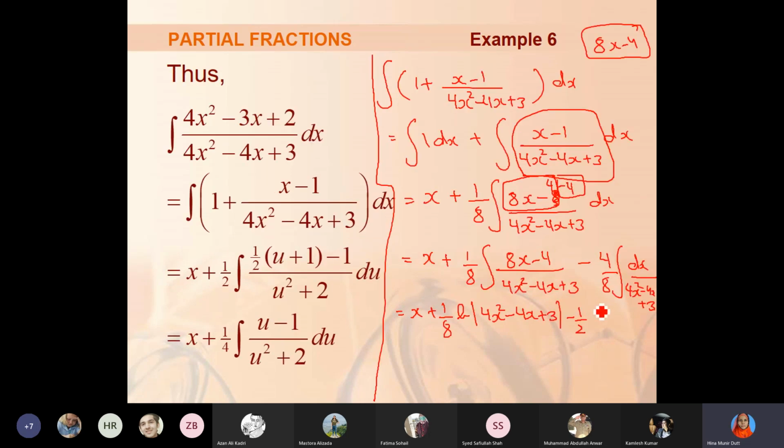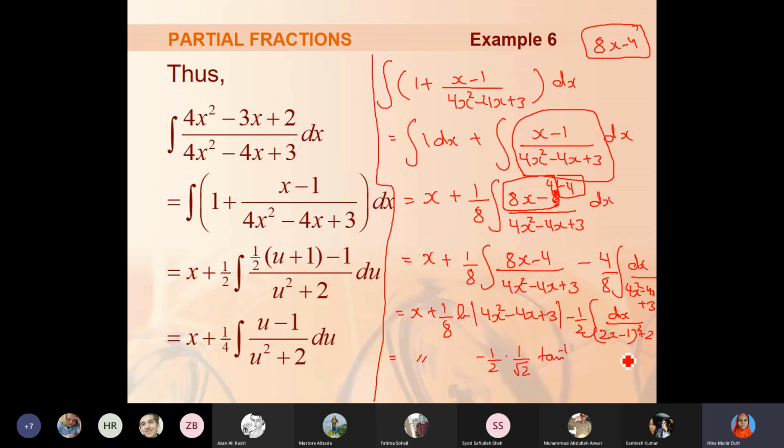Okay. So this is 2x minus 1 plus 2. The same one, minus 1 over 2. And this is 2x minus 1 whole square plus root 2 whole square. 1 over a. My a is under root 2.